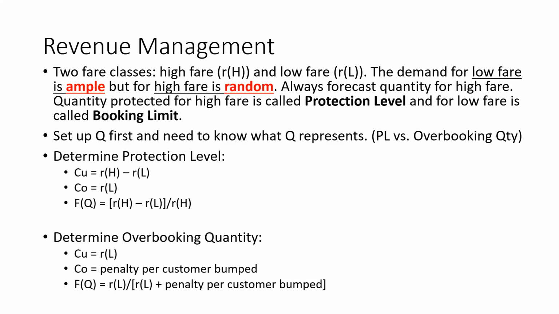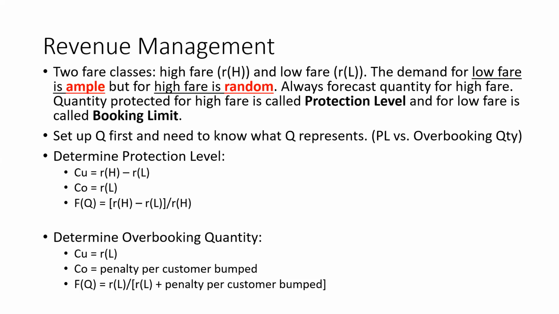So you always set up Q first and need to know what Q represents. For example, if you need to forecast your protection level for high fare, you set Q as the protection level. If you need to decide the overbooking quantity, you set Q as the overbooking quantity.